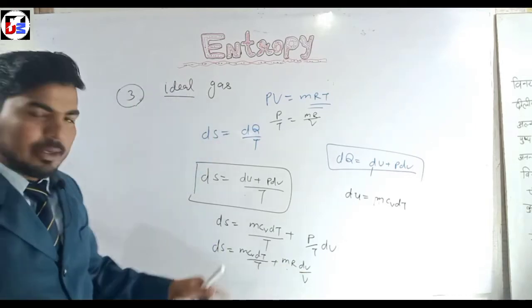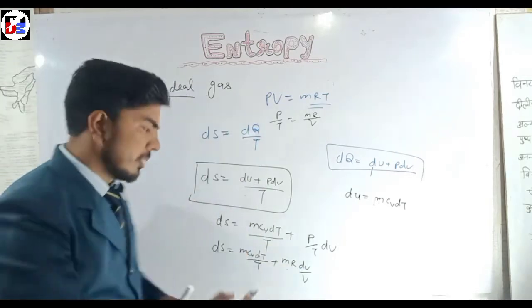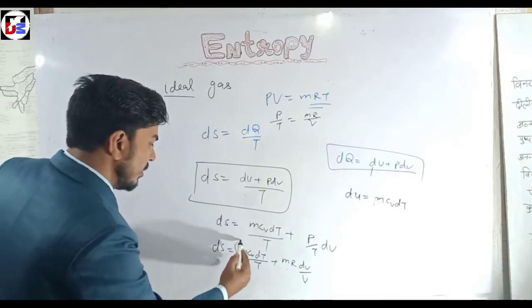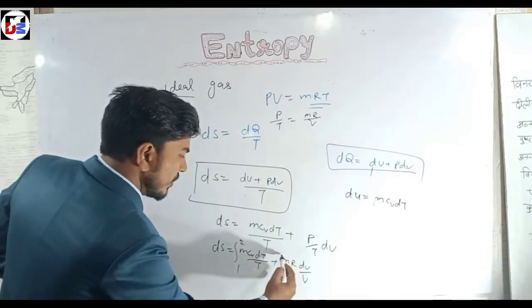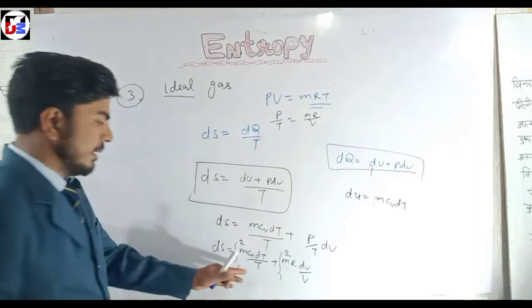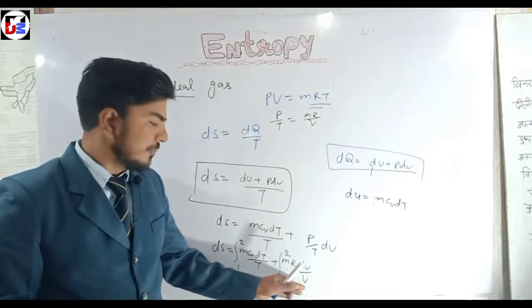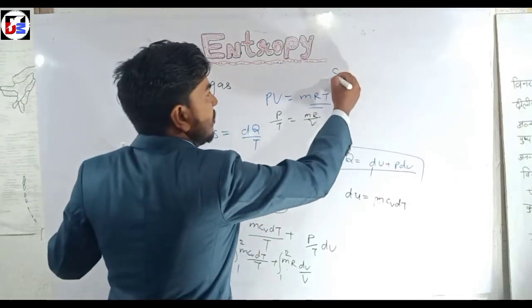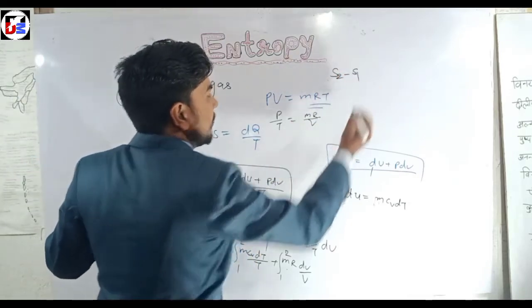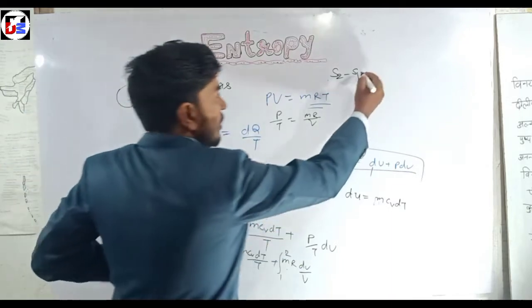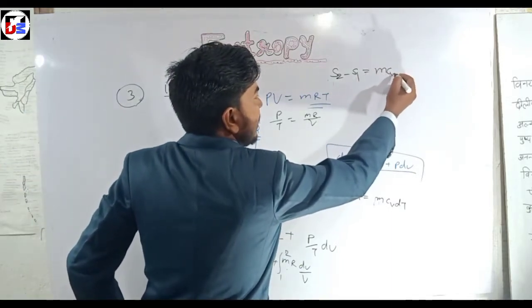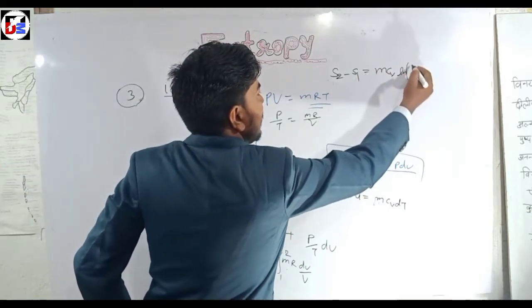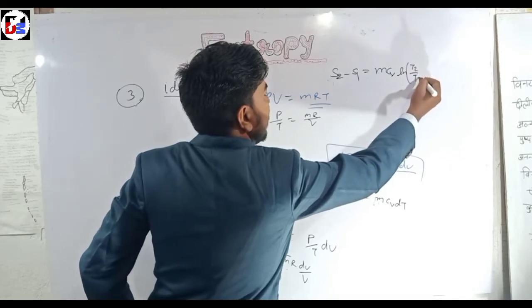And if you integrate process 1 to 2, this is a simple integration, that means S2 minus S1 is equal to mCv ln T2 upon T1.